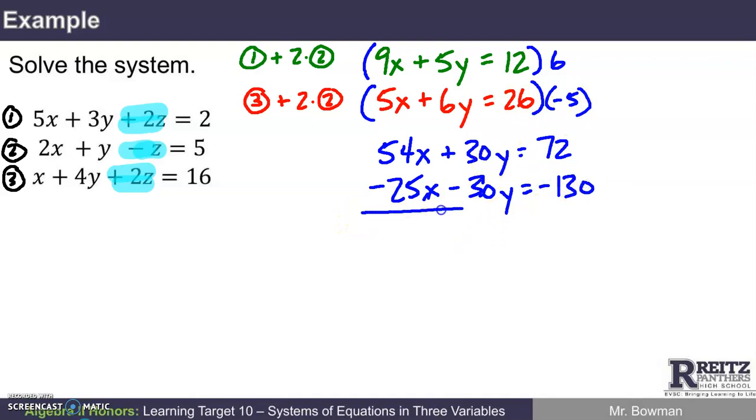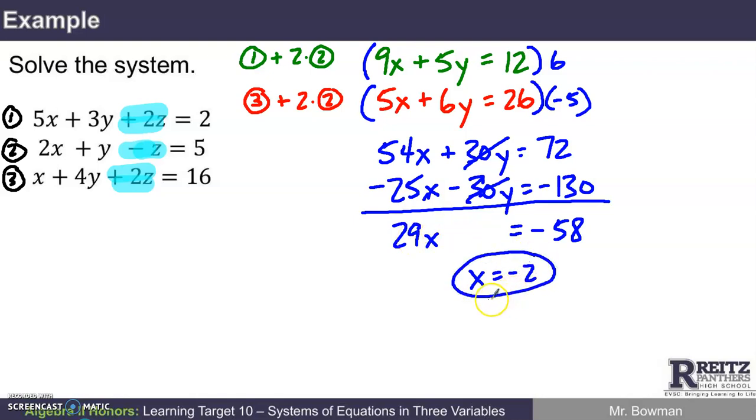And now if I add these equations together, the y's cancel. 54 minus 25 is 29. So 29x equals, and if I add 72 to -130, I believe that comes out -58. Now that I've got this equation, I can tell you that x is -58 divided by 29, which is -2. And from here, I'm just going to work my way backwards and find y and z.